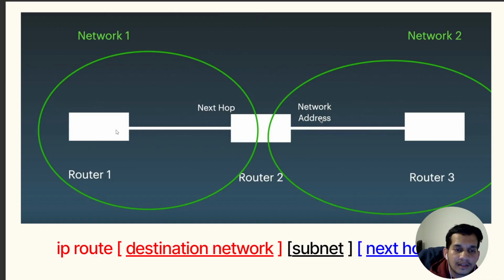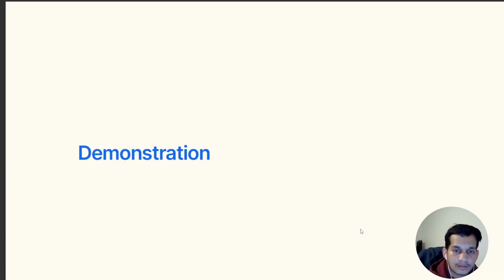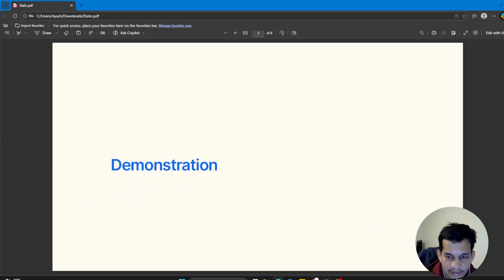In this case, router 1 has no entry in its routing table for network 2. To configure the route for network 2, we use this ip route command: destination network, subnet, and next hop IP. So let's see the demonstration in Cisco CLI.